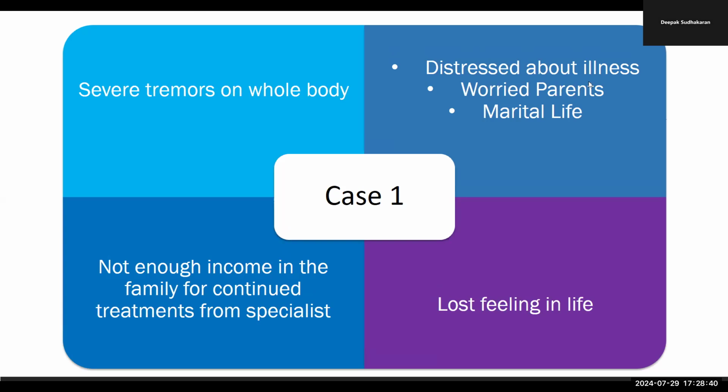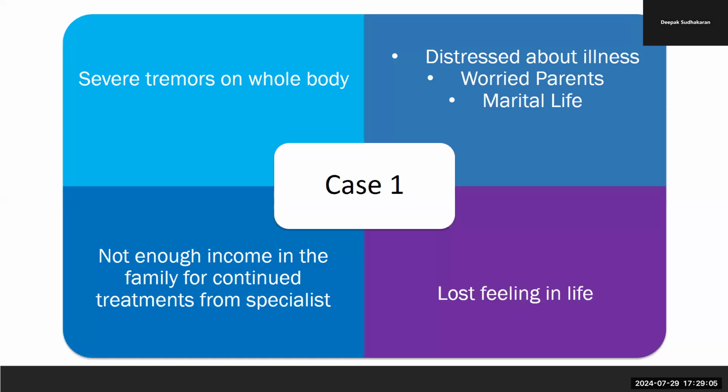When you take this approach of really cutting down the issues into the different dimensions of health, we get a clearer idea as to how we need to proceed, or what are the interventions which may be required for a person. And this is the only difference between us and a specialist who is sitting in a tertiary care hospital.